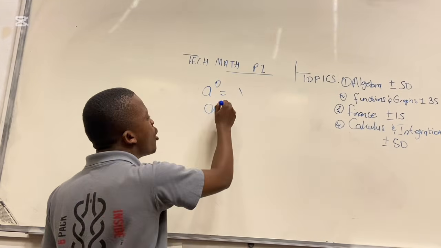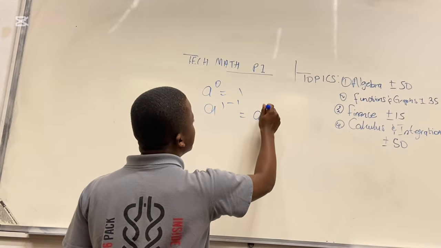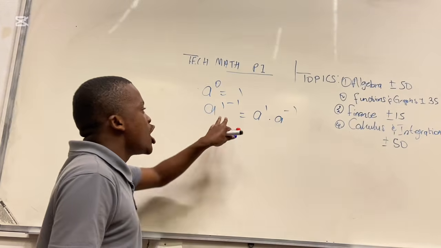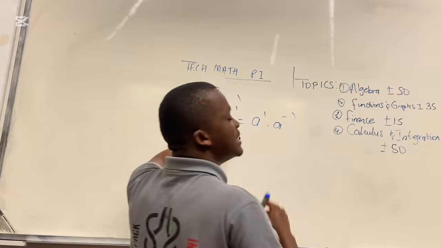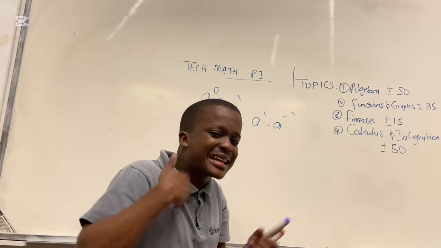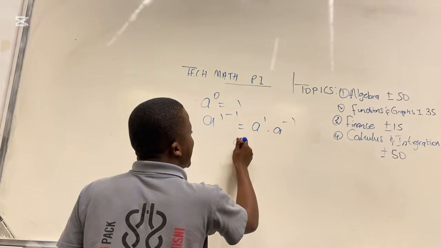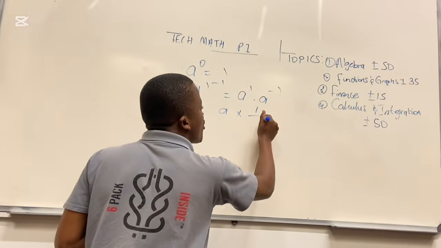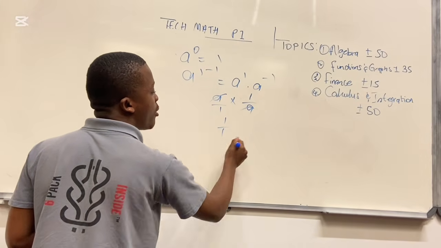Because this is a to the power of 1 minus 1, and this is a to the power of 1 times a to the power of negative 1. I want you guys to think abstractly. This is abstract algebra. It's 1 over a according to the exponent laws. This cancels this, and 1 over 1 is equal to 1.